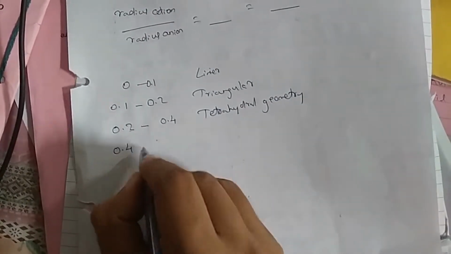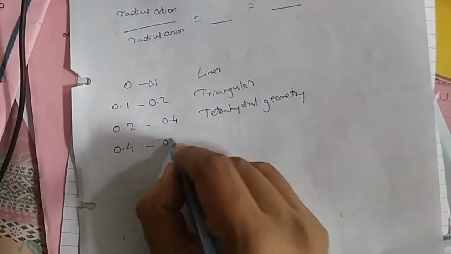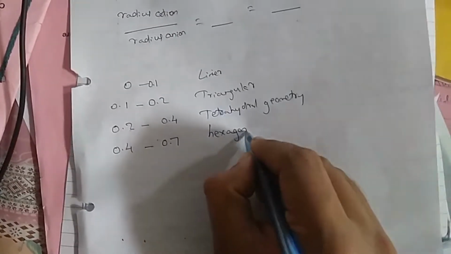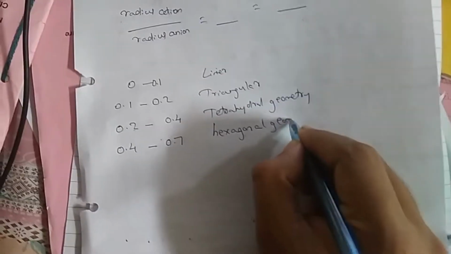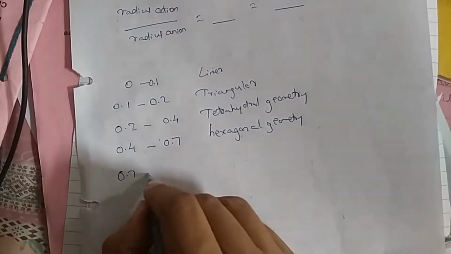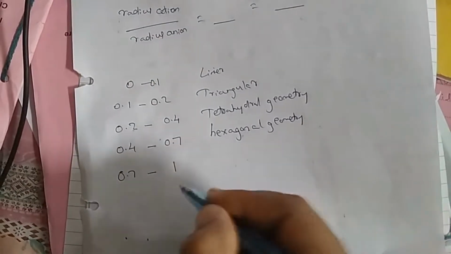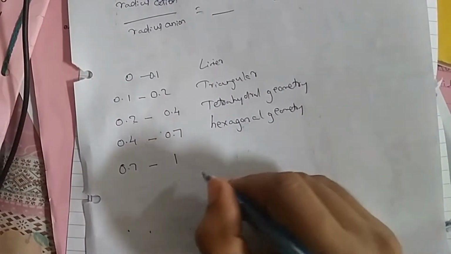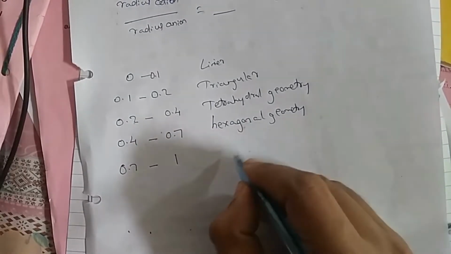If it is between 0.4 and 0.7, it is hexagonal geometry. If it is between 0.7 and 1, then it will be cubic geometry.